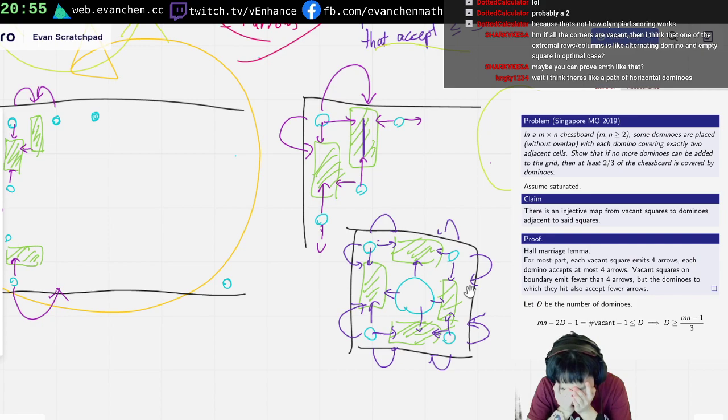Yes, I think I can. Because on the edge, it means everything got used up exactly. So on the edge, you can't have two adjacent dominoes. It means none of the border dominoes can be adjacent to each other, because when border dominoes are adjacent, you lose arrows. So on the edge, the dominoes will alternate.